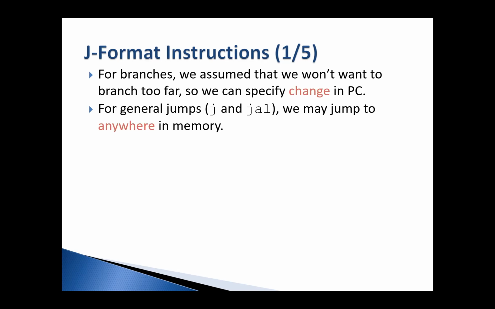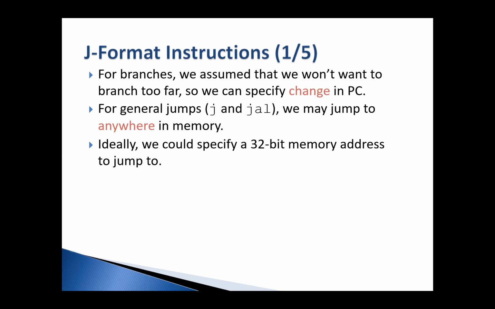So with J and JAL, our idea is that we can use these two instructions to jump to different parts of the memory, right? But the problem is, again, address is 32 bits, right? And how many bits do you think we can have in the instruction to store the address? So remember, this is J format, right?